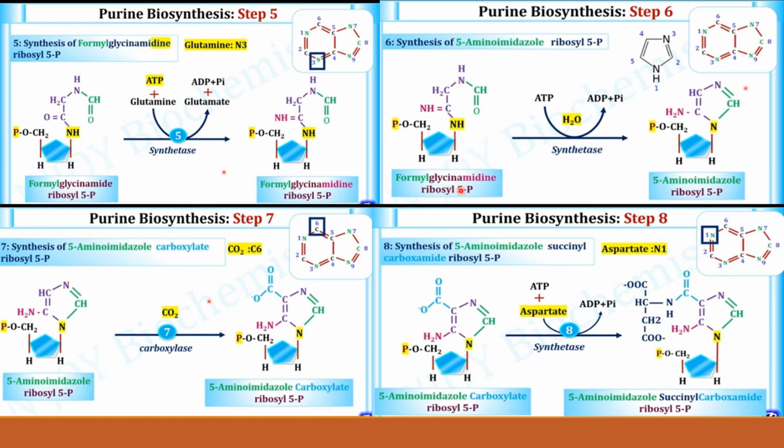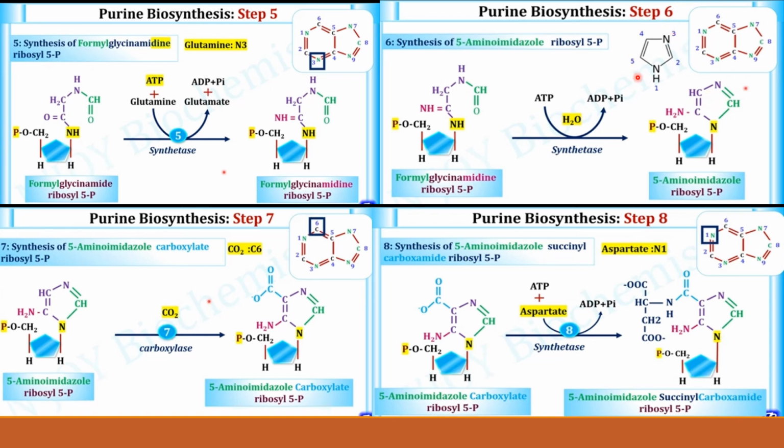Then this formyl glycine amidine ribosyl 5-phosphate undergoes a ring closure reaction. Here an ATP molecule is utilized and this ring gets closed. Here you see that this ring is closed. This ring contains 2 nitrogen atoms and 3 carbon atoms with 2 double bonds.